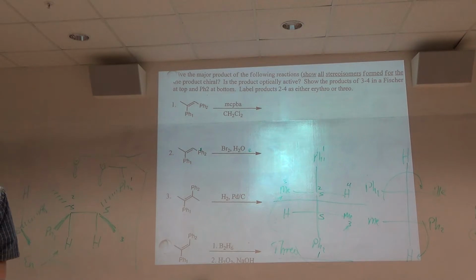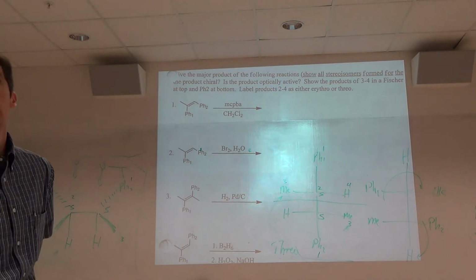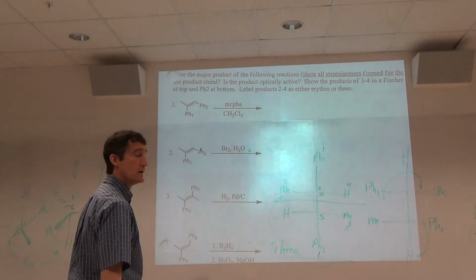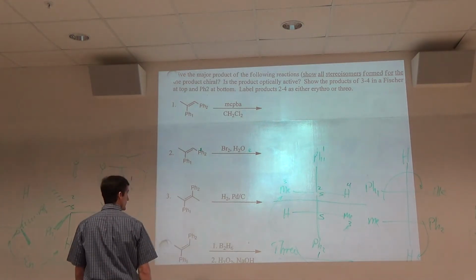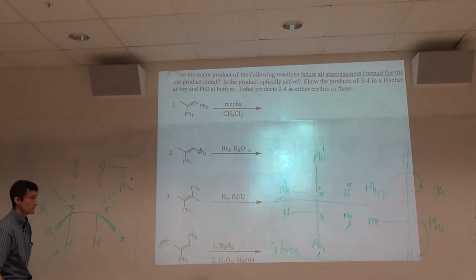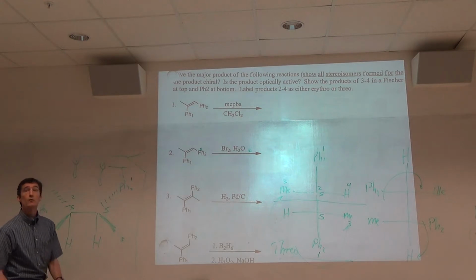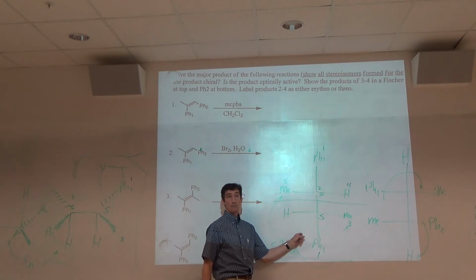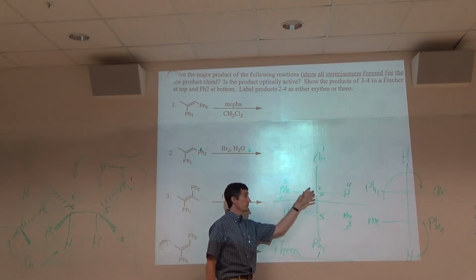You believe me? Question. On the exam, would you allow us to draw all the carbons in the plane, and then just draw the hydrogens in perspective? I'm not quite following your question. Here's the answer. You're asked to draw this, so you need to draw that there.